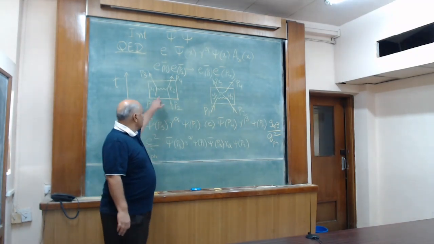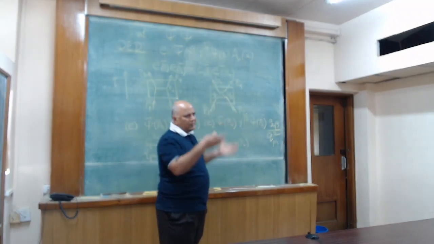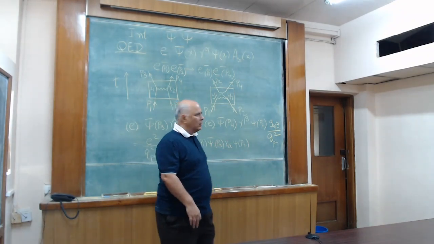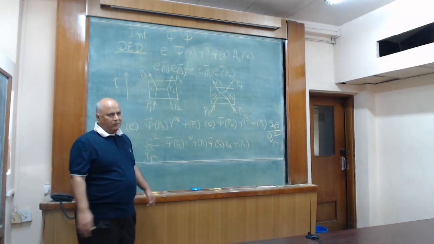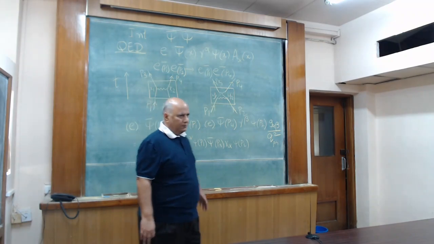That is how this amplitude looks, and this other amplitude essentially has the same form. It's just a rearrangement of terms, and of course the Q photon here will be different, but the basic structure will be exactly the same.